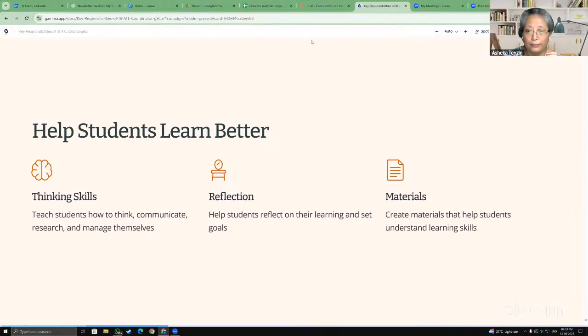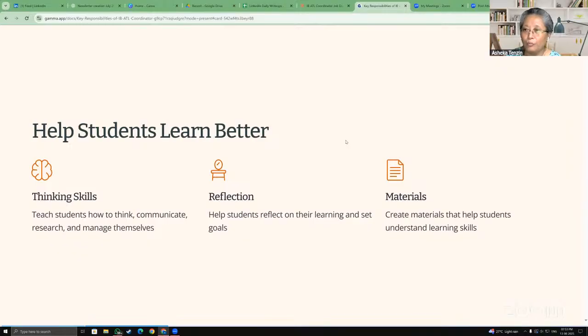Also, at the same time, you should help the students to reflect on their learning and set goals. So they can be at one particular level of a skill, then how are they going to grow and become better at that particular skill?